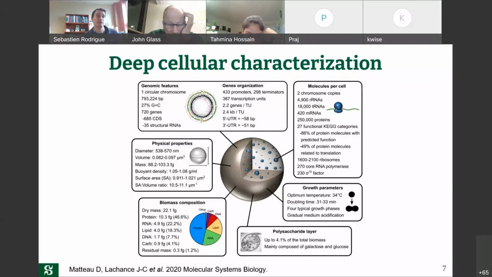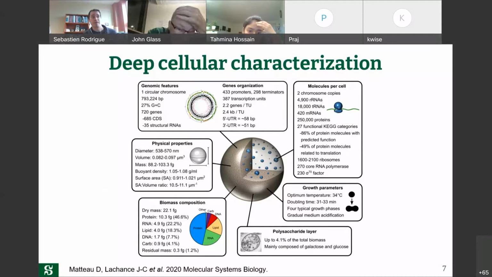So knowing that we were able to do transplantation, we then did a deep cellular characterization. We wanted to know as much as possible about this cell. So we looked at the genomic features. We also mapped the transcription units, the promoters, the terminators. We measured the physical properties, which was much harder than we anticipated.